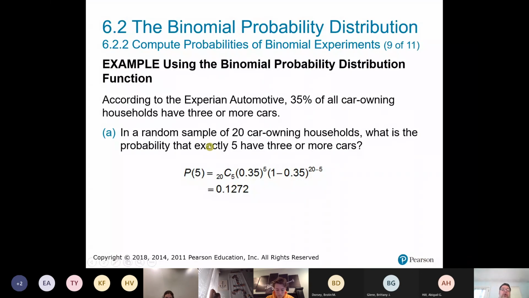According to Experian Automotive, 35% of all car owning households have 3 or more cars. In a random sample of 20 car owning households, what is the probability that exactly 5 have 3 or more cars? Okay, so P is point, let's write this down.